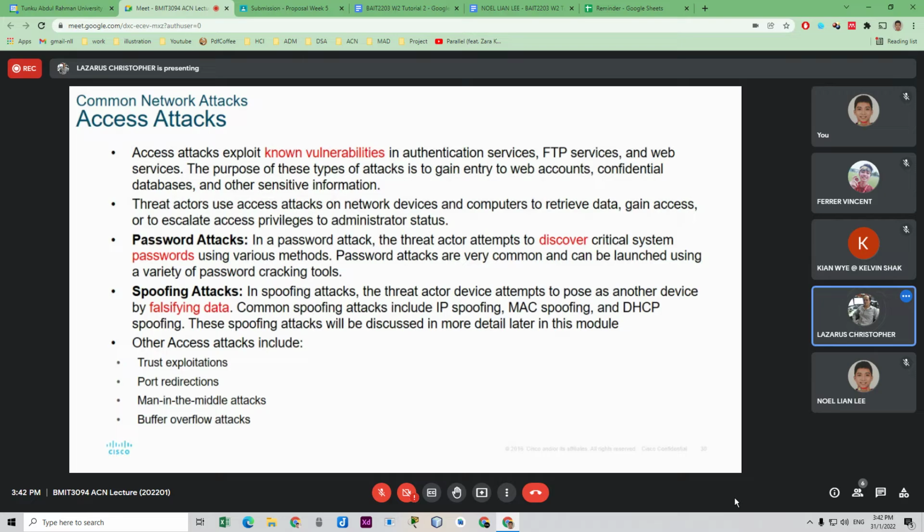Okay. Right, so password attacks attempt to discover critical system passwords using various methods. Okay, so a lot of cracking tools are available. The simplest one is the brute force attack. Just simply bombard it with different patterns of password.